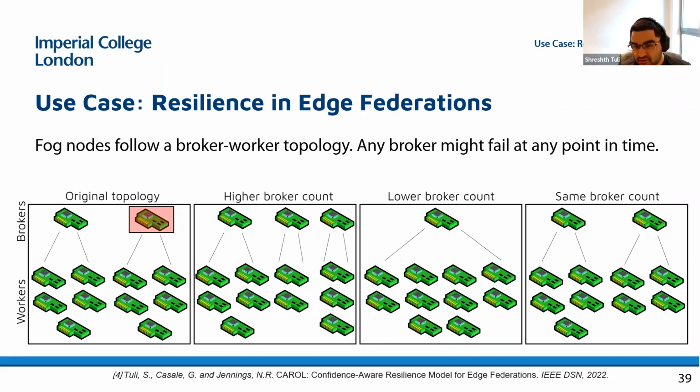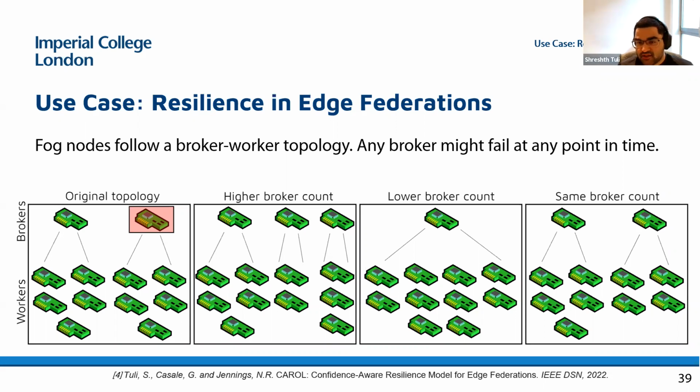And as typically fog environments have this broker worker architecture, in case of a worker failure, we can simply use another worker as a redundancy and reinitialize the jobs that were allocated to the failed worker to ensure that our service downtime is as low as possible.